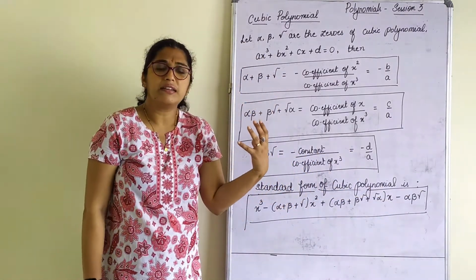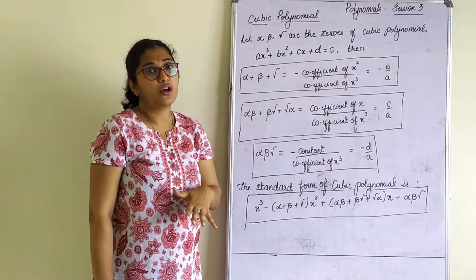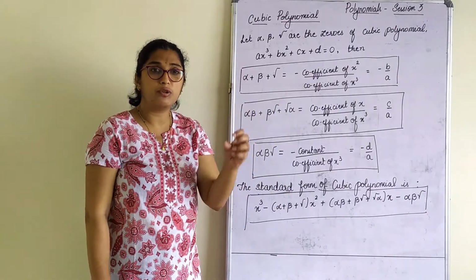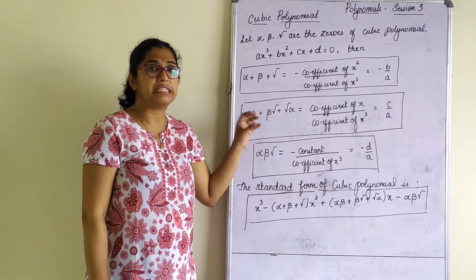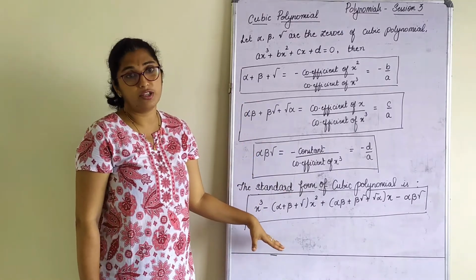Same as we did for the quadratic polynomial, where zeros were given and we substituted, the same thing we have to do for this also.